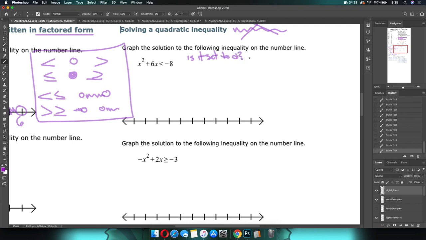In this case, the answer is no, so we have to go through just a tiny little bit of algebra. So plus 8, and all of our numbers practice their annoying social distancing, so we want to keep them all separate, less than 0. And now this should look pretty familiar because this is what you were doing earlier in the chapter. You are now factoring.